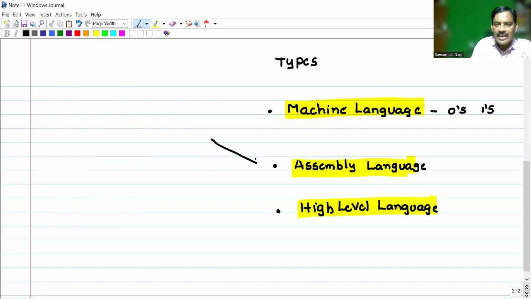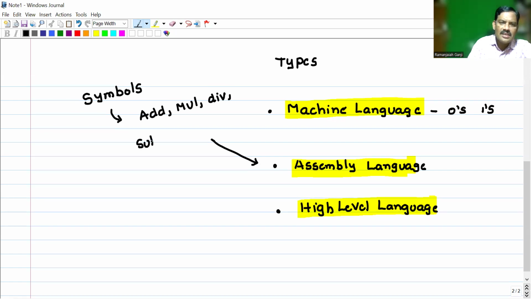See, assembly language includes some set of symbols or mnemonics. Those symbols may be add, mul, div, sub, load, store, jump, etc. Add is nothing but addition, mul is multiplication, div is division, sub is subtraction.